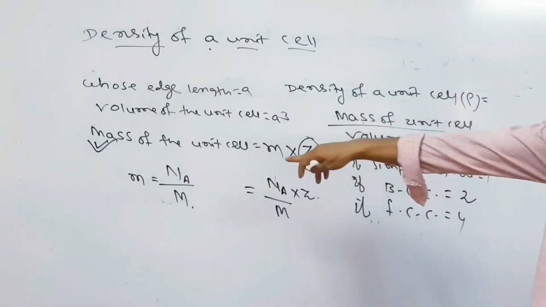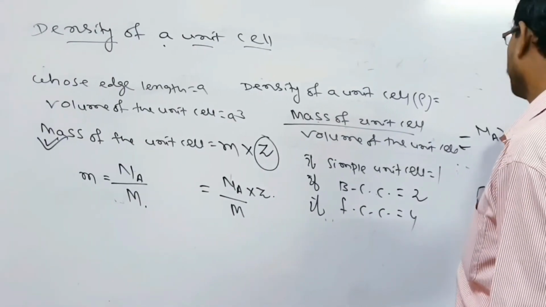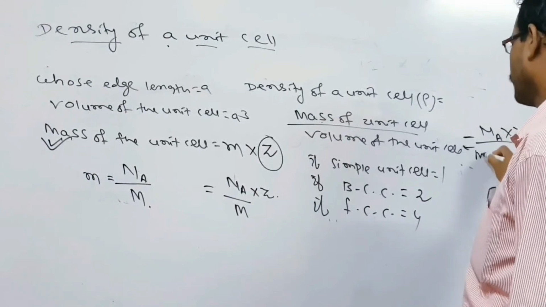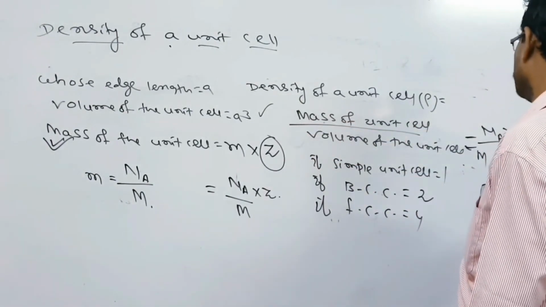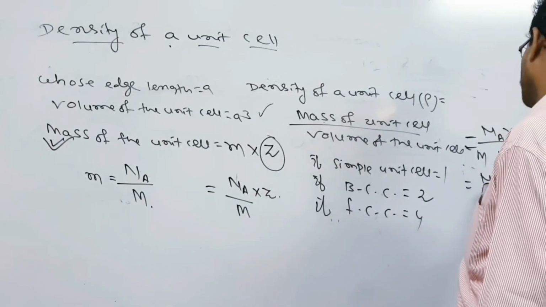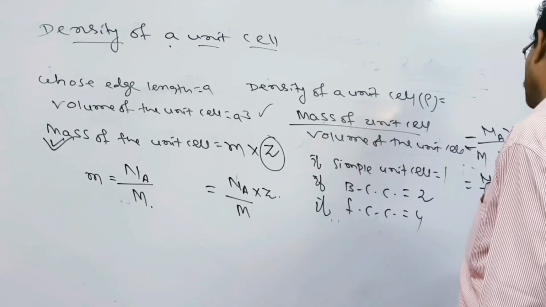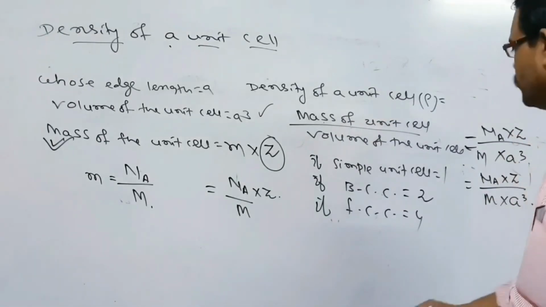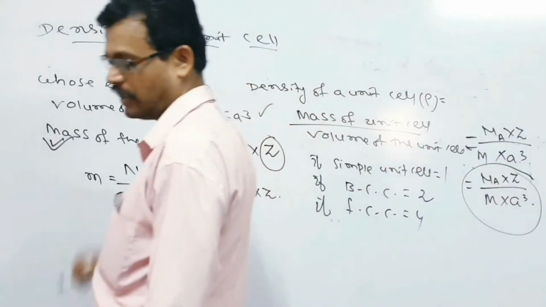The mass of the unit cell is M into z by Na, and the volume of the unit cell is a cube. So we get the value z into M by Na into a cube. That is the formula to find the density of the unit cells.